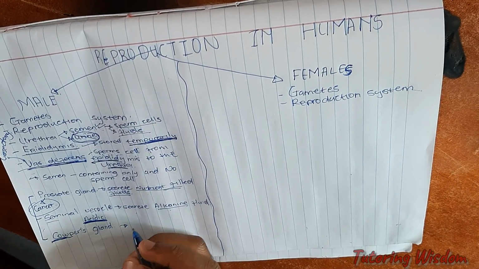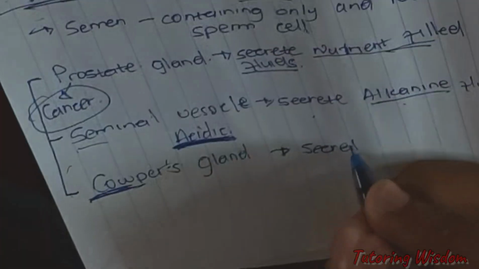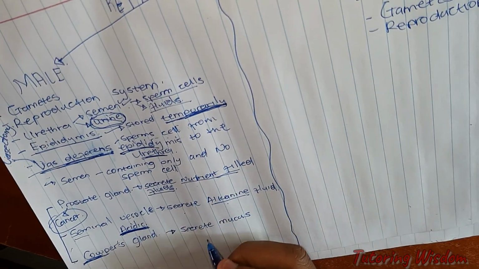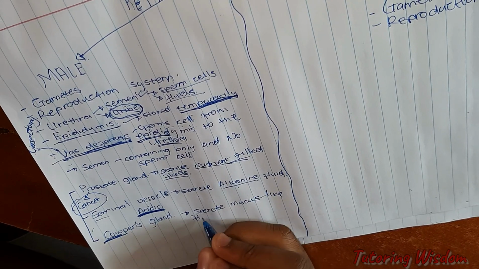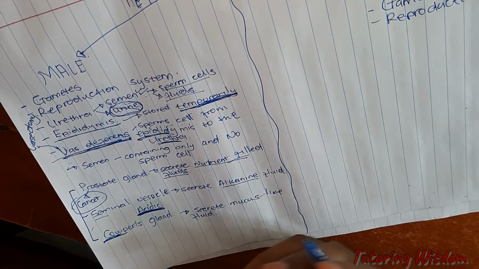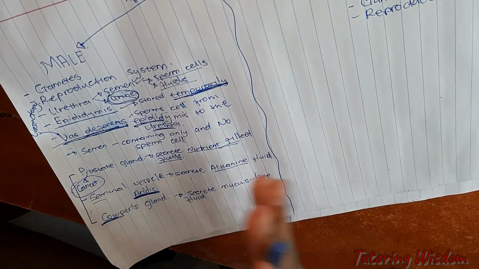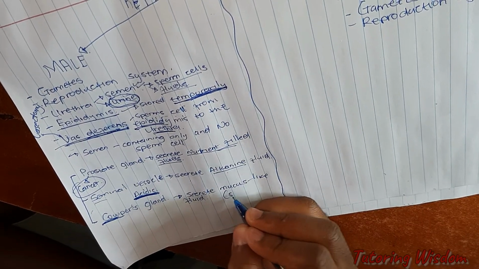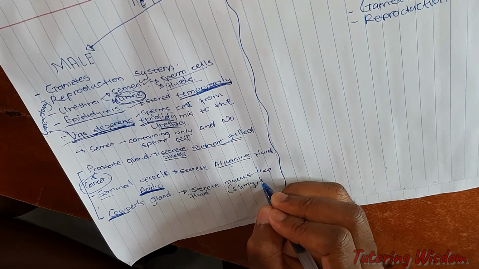The Cowper's gland secretes mucus-like fluids. Mucus-like fluids will allow the sperm cells to propel through it easier, since mucus is slimy and slippery.